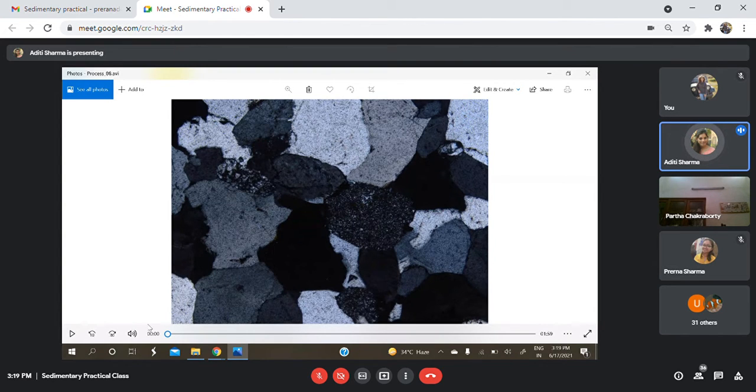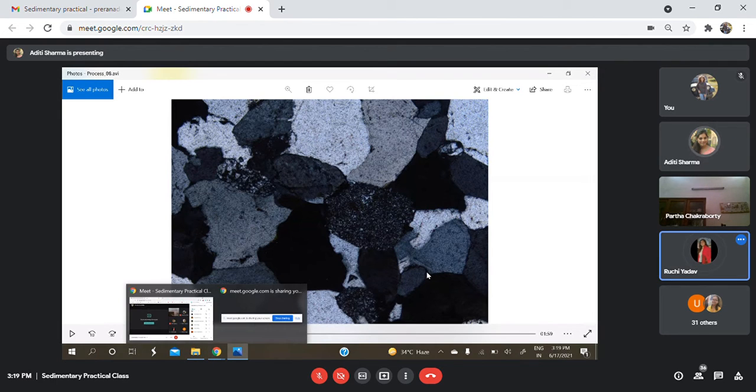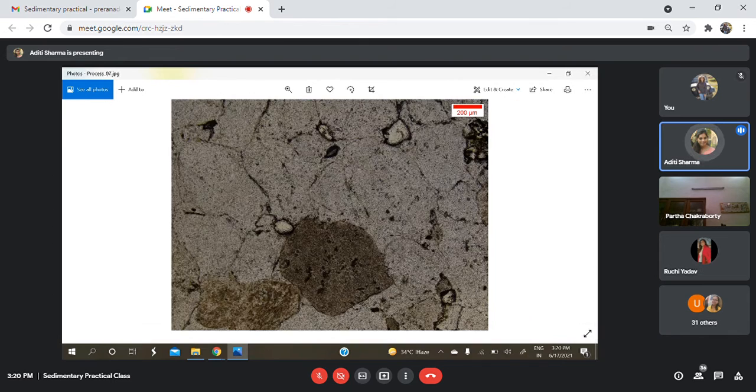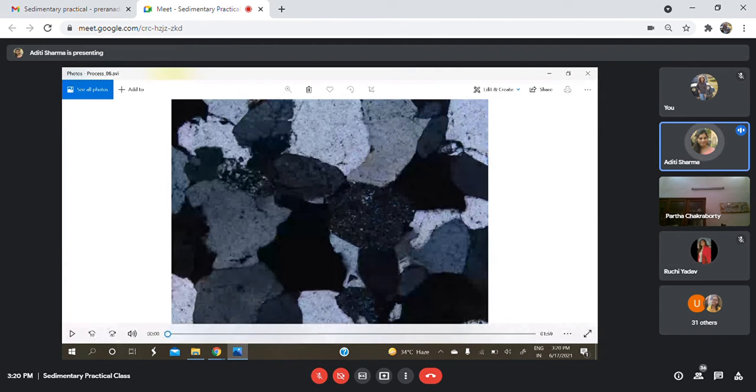Ma'am, some of the rock fragments here seem like pseudomatrix to me. How will we differentiate between pseudomatrix and rock fragments? The fine grained one. If you see a lithic fragment, it will look like a clast, it will have a boundary, and you will not see the texture of a decomposing grain.